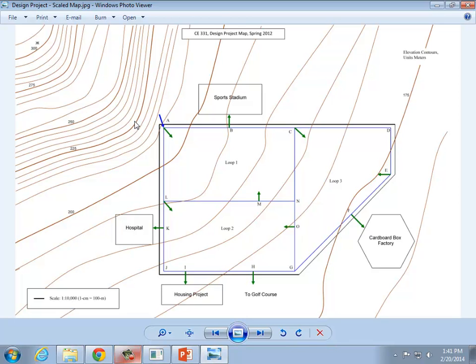Those numbers that you were given earlier, what were they for? 1.8 and 3.25. You'll notice on the summary table that, let's say that your residential demand was 100 liters per second. Just for example. The 1.8 would mean that if your average day is 100 liters per second, then the average of the peak day would be 180 liters per second.